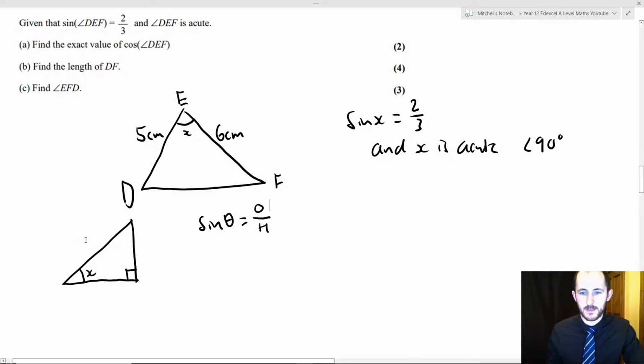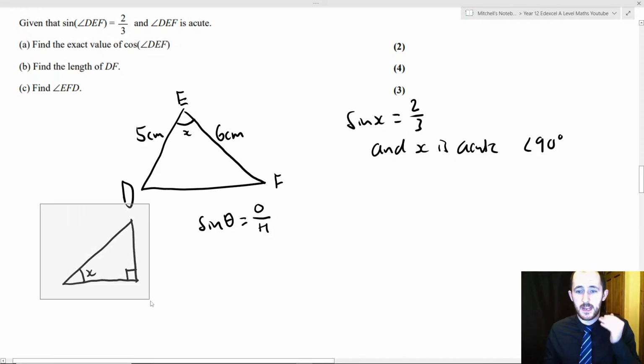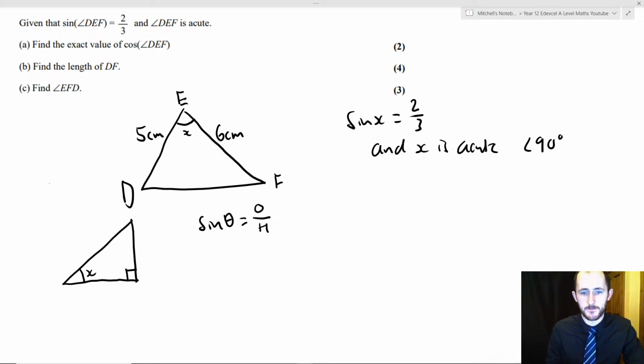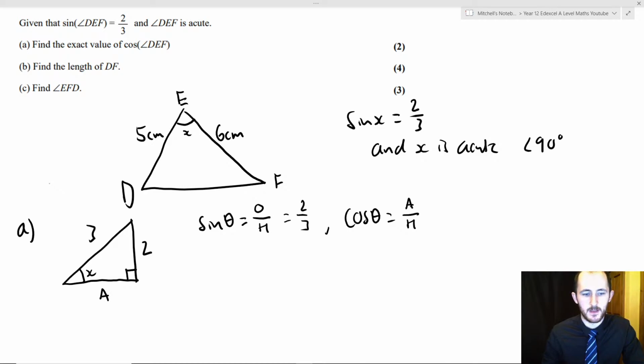And whenever they ask you to find the exact value of cos and they give you sine or tan, or vice versa, you're going to create a right angle triangle with this, okay? Opposite over hypotenuse, but we know that our opposite over hypotenuse is 2/3. So opposite is 2, hypotenuse is 3. Okay? And if you remember that cos theta is equal to adjacent over hypotenuse, which will be this side here.